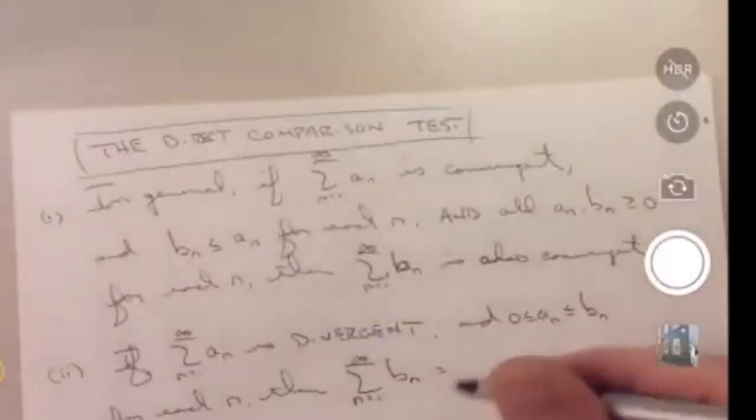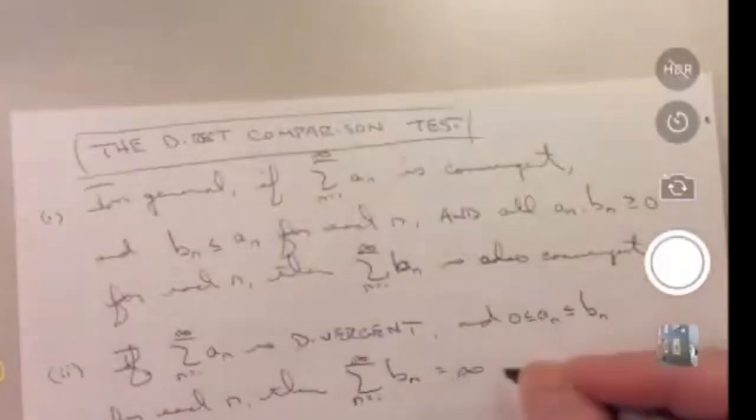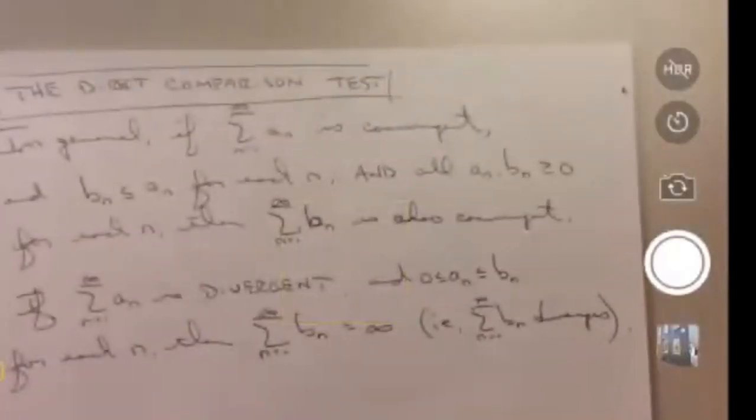The b_n series? So again, my a_n are too large to converge, right? They're so large that I wind up with a divergent series, and my b_n terms are larger still. So my b_n series is also going to diverge. Right. So these are the two parts of the direct comparison test, and we'll be using those frequently.